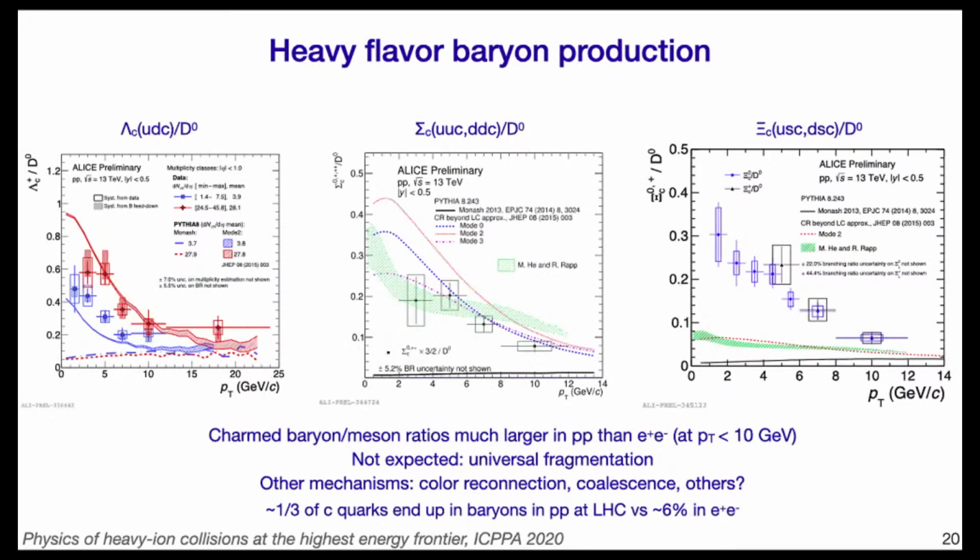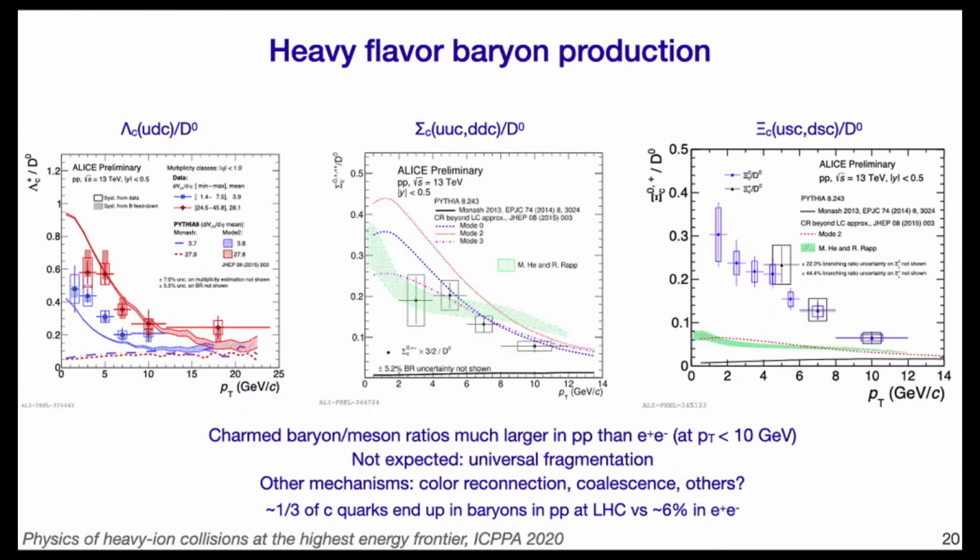So one of the areas we are now measuring, where we're having a lot of results, is the measurements of heavy flavor baryons. And this is of course interesting for this coalescence picture because you have 3 quarks, and if you compare to mesons which have 2 quarks, you can do some accounting.